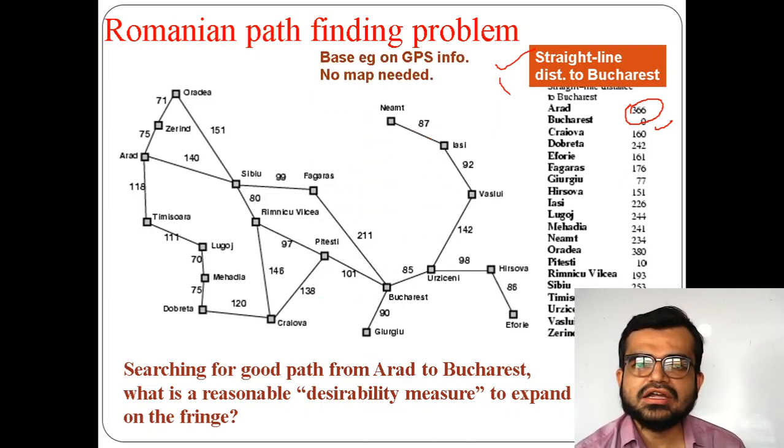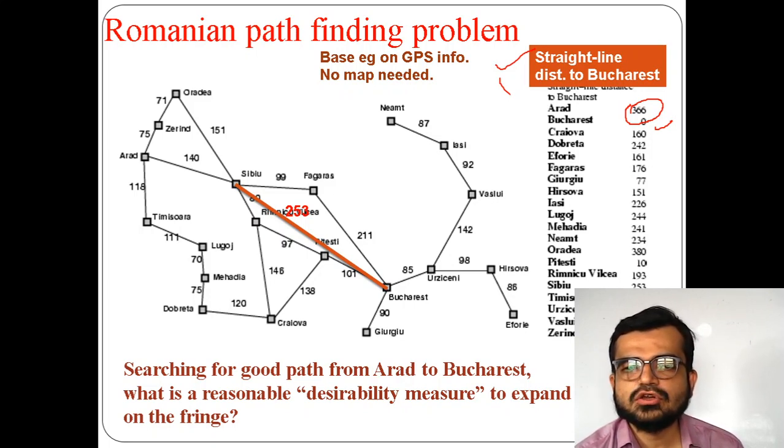So now how it will work here is, first if you consider Sibiu to Bucharest, the aerial distance, the straight line distance is 253 kilometers. I am using the unit as kilometers, so it is 253 kilometers from Sibiu to Bucharest, right?